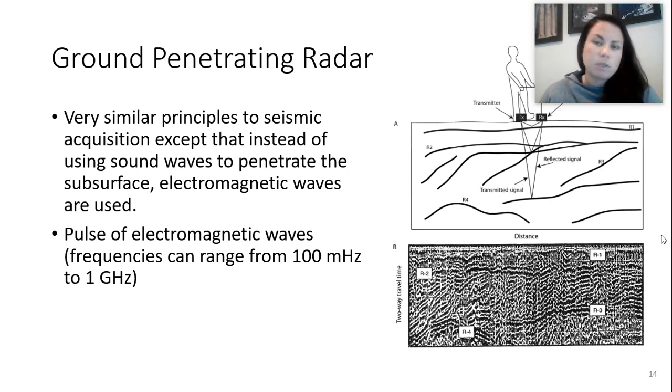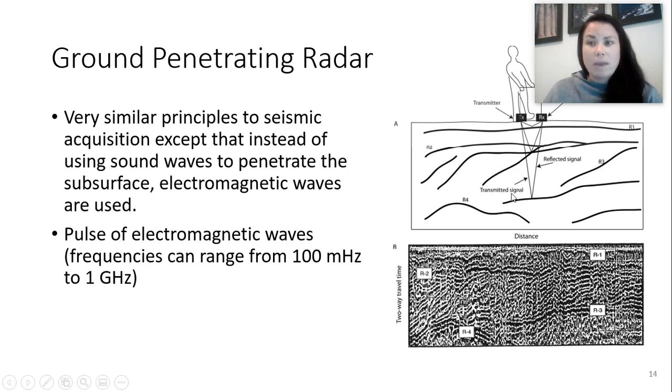Now, these types of principles are also used in the medical field, but we use it to look at what's beneath the surface as opposed to using an MRI or something to look at your internal organs or your bones and things like that. So similar to seismic, we have a source and receiver that emits electromagnetic waves that bounce off things in the subsurface.